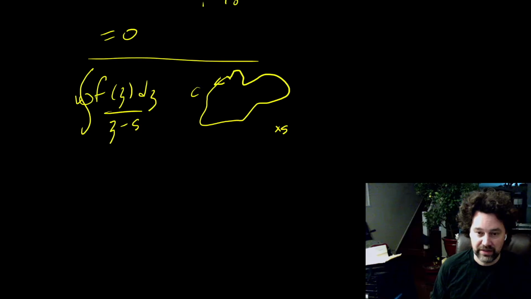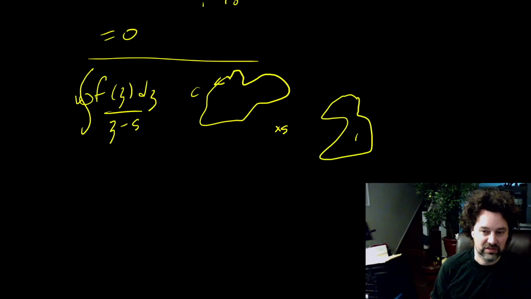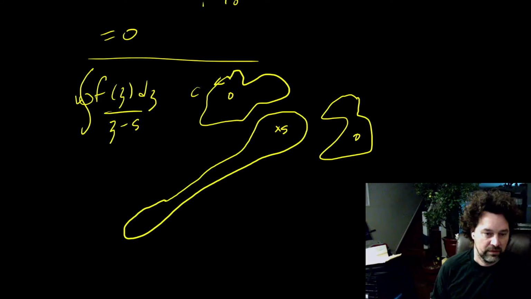If we take some other path that doesn't surround s, we'll get 0. However, if we take any path and this path does surround s, now we don't know what it is. It's not necessarily 0 because f of z over z minus s is not analytic everywhere in this region.